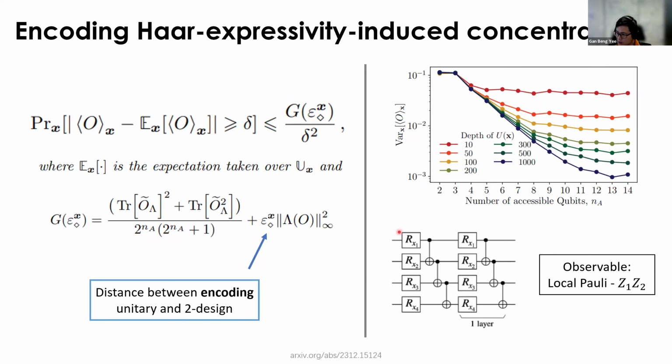For sure, we didn't use a Haar random reservoir here. I think it's a Pauli system, an integrable spin system, or just an identity reservoir for this case. I see. Okay.